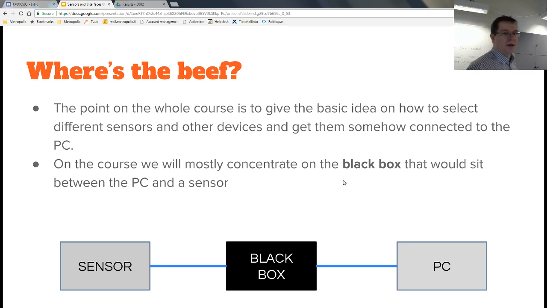So what we are doing now is concentrating on a black box, which sits between the sensor that senses the environment and anywhere else you need to get the data. In our case, we are concentrating on PC, but PC can be anything nowadays. The black box can already interface directly to the cloud.